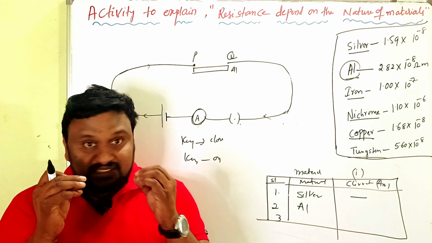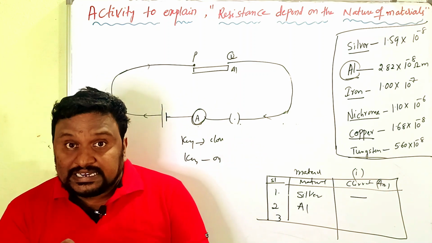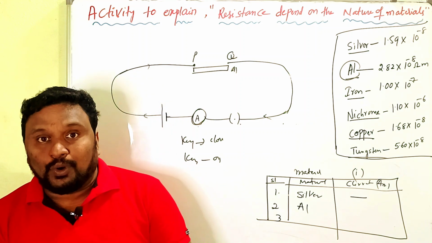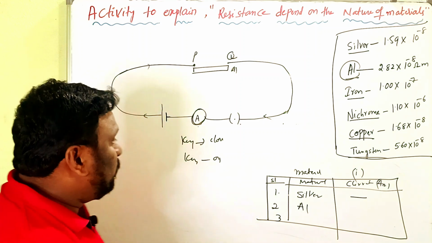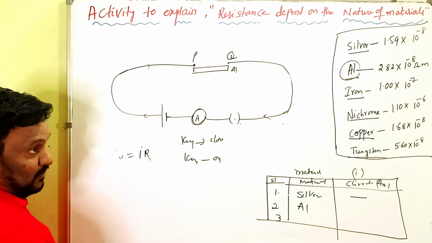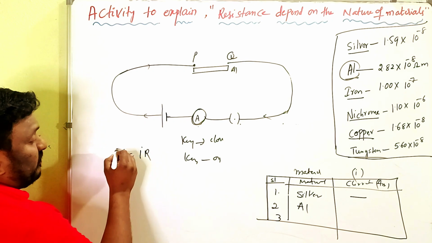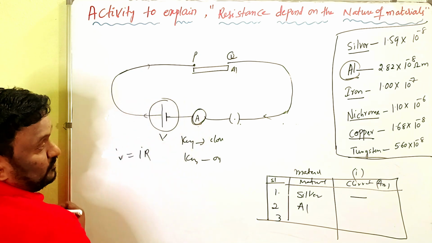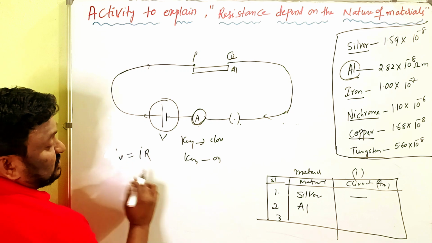But children, in this activity we never get the same amount of current in the ammeter. Why? Because all of you know V is equal to IR. The battery has some potential V, so this is constant. Then what to write?